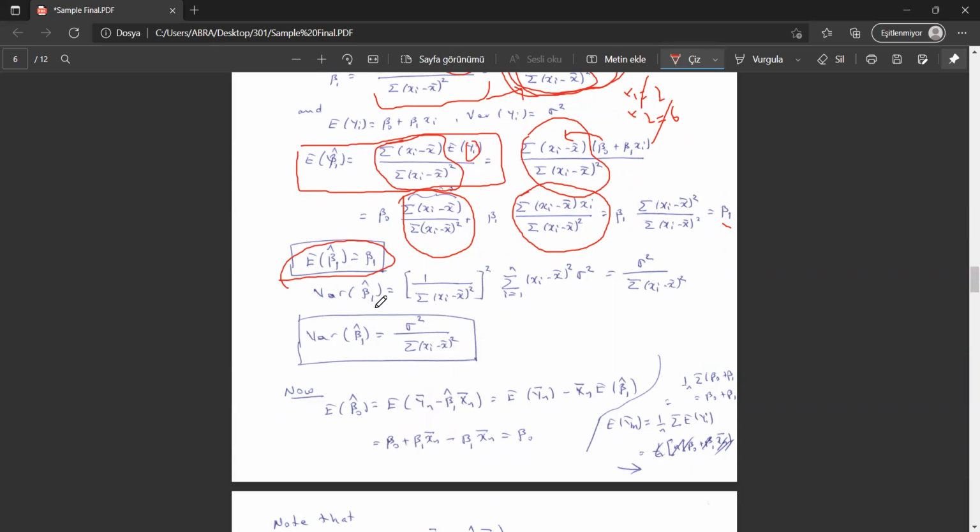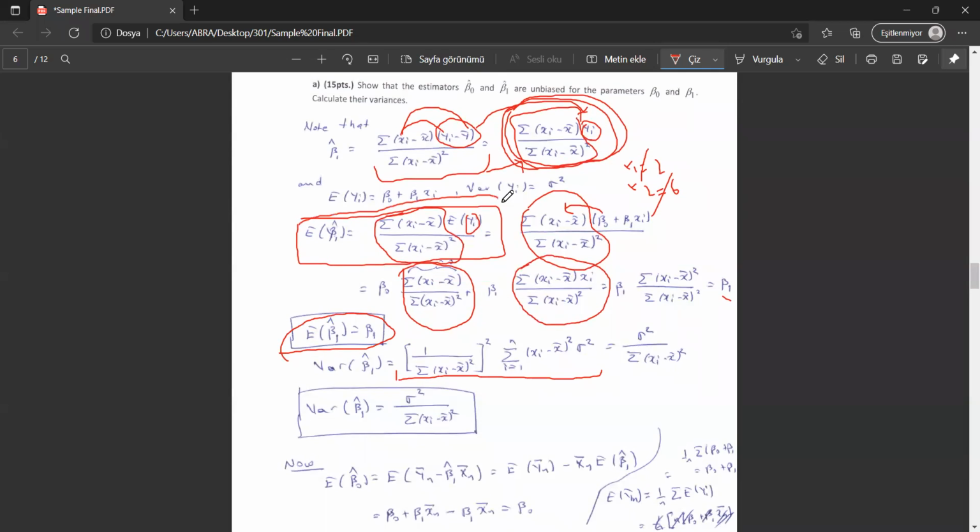And for the variance of beta 1 hat, we have this formula. Again, you can see from here that variance of beta 1 includes some constant terms and yi. What do we do about variance?